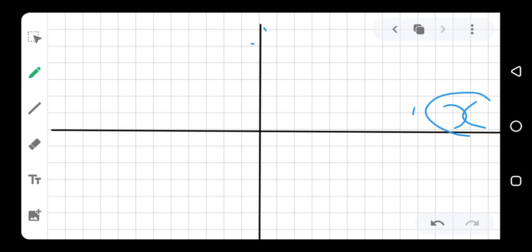That is, this is 1, 2, 1, 1, 2, 2, 1, 2, 3, 1, 2, minus 1, 1, 2, minus 2, 1, 2, minus 3, and the same going up the y axis.